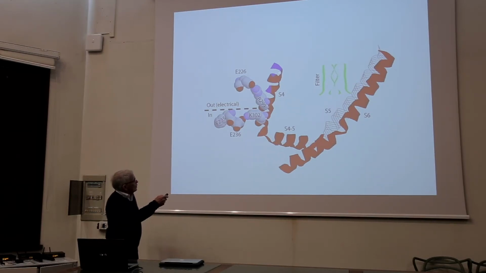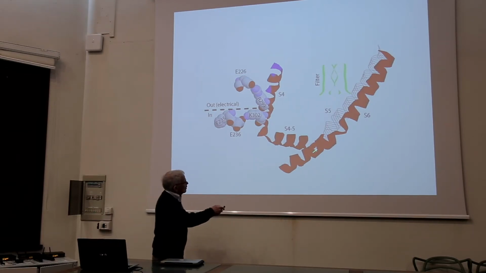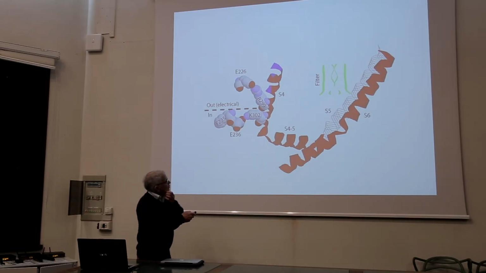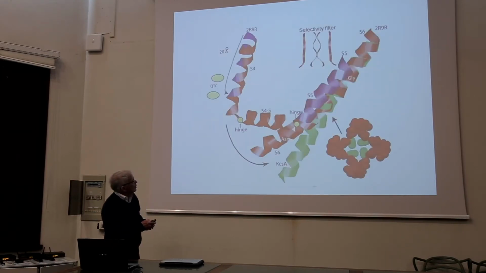And presumably when it opens, well, this is the open state, and when it closes, these all move down. It squeezes this way and closes the S6. So here you see the filter, and this is actually fairly accurate in the depiction.